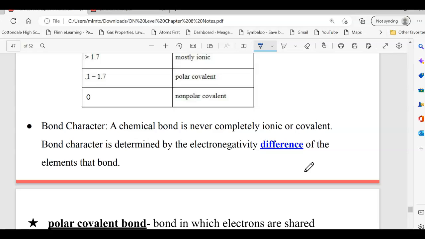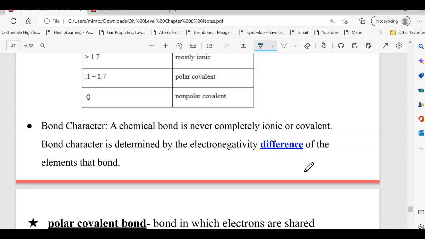When we talk about the chemical bond and its bond character, we're going to determine that by the electronegativity difference. Like I said, we subtract those two numbers and see where it falls. Before now, we always said that ionic meant you had a metal and a nonmetal, and that covalent meant you had a nonmetal and a nonmetal. That's still true mostly.